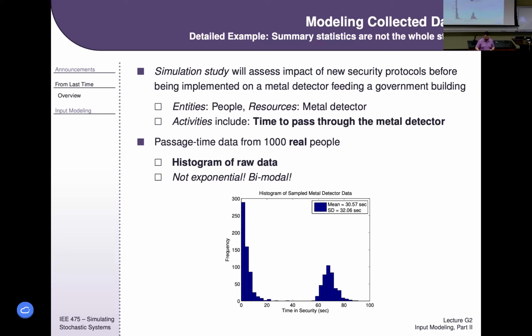So it wasn't just the time it took to go through the metal detector. The person who did the timing started the stopwatch when they were at the front of the metal detector, and then ended the stopwatch when they walked out of the system. So what you're seeing here is a group of people who walked straight through the metal detector and didn't get flagged, and another group who got flagged for extra screening and then walked through. So you're actually seeing two populations here.